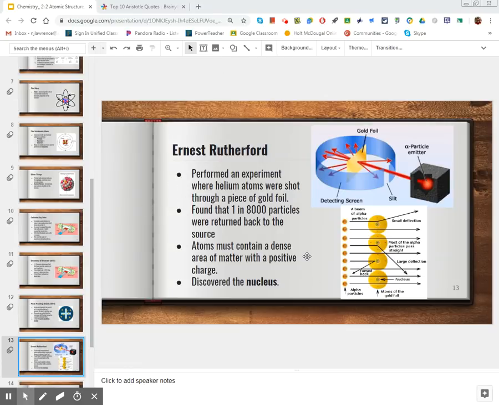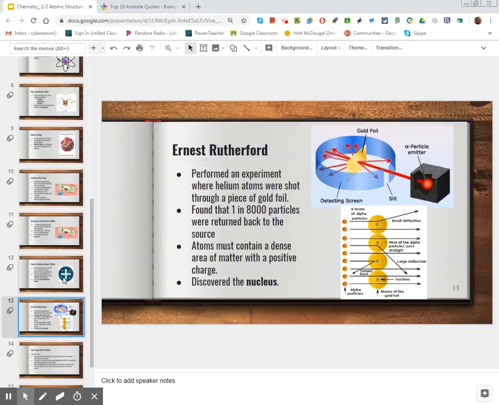And so as we come to the conclusion of this, again, we see that atoms must have a dense area with a positive charge. And this we call now the nucleus. And so Ernest Rutherford's gold foil experiment discovered the nucleus.